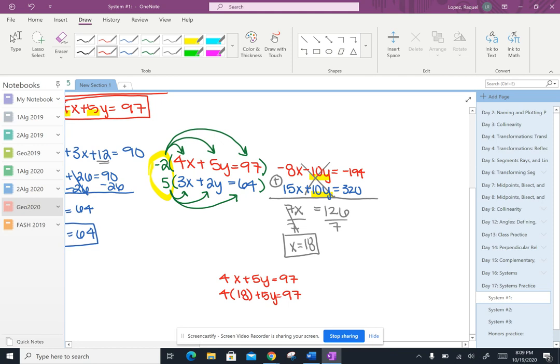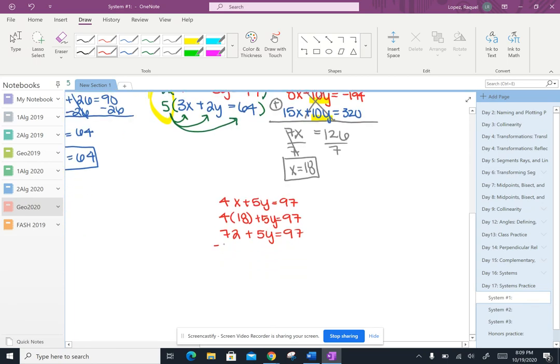So 4 times 18 is 72, plus 5y equals 97. We subtract 72 on both sides, and I end up with 5y equals 25. Divide by 5, divide by 5, and we get that y equals 5.